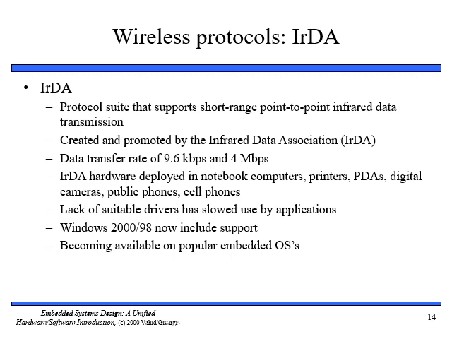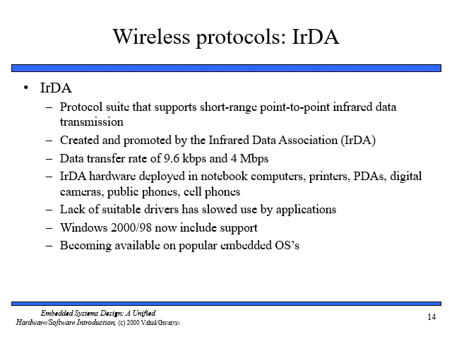So in this slide we will talk about the wireless protocols. We have three emerging wireless protocols, namely IrDA, Bluetooth, and IEEE 802.11. The IrDA protocol suite supports short-range point-to-point infrared data transmission. This protocol was created and promoted by the Infrared Data Association, IrDA.